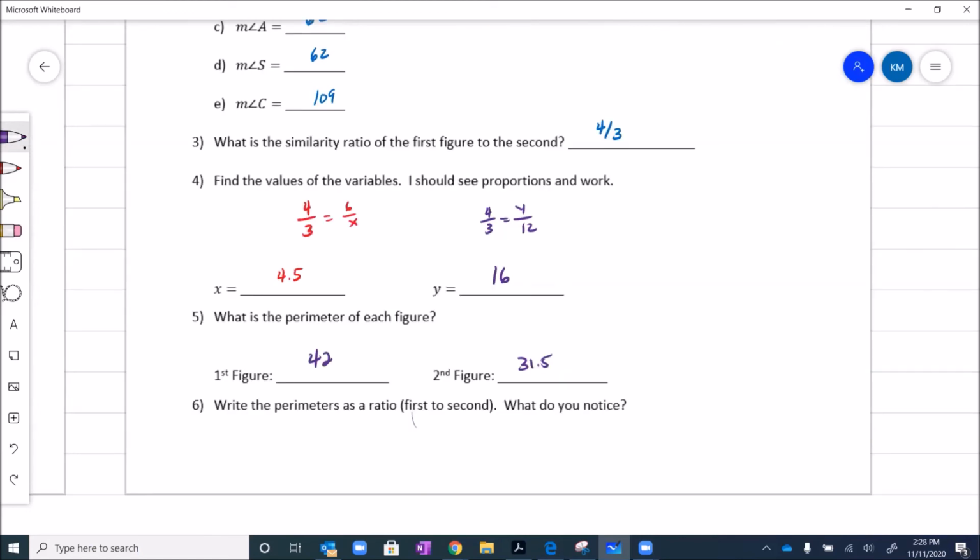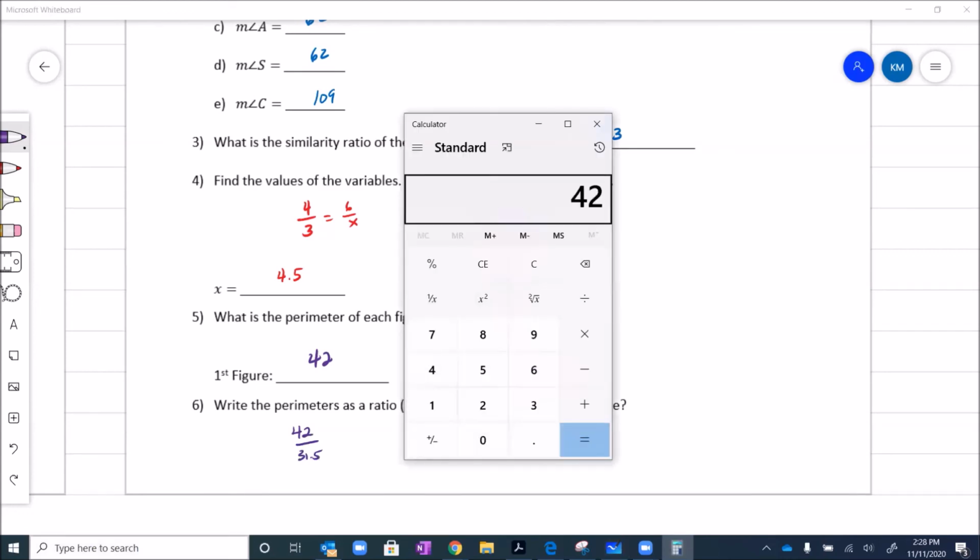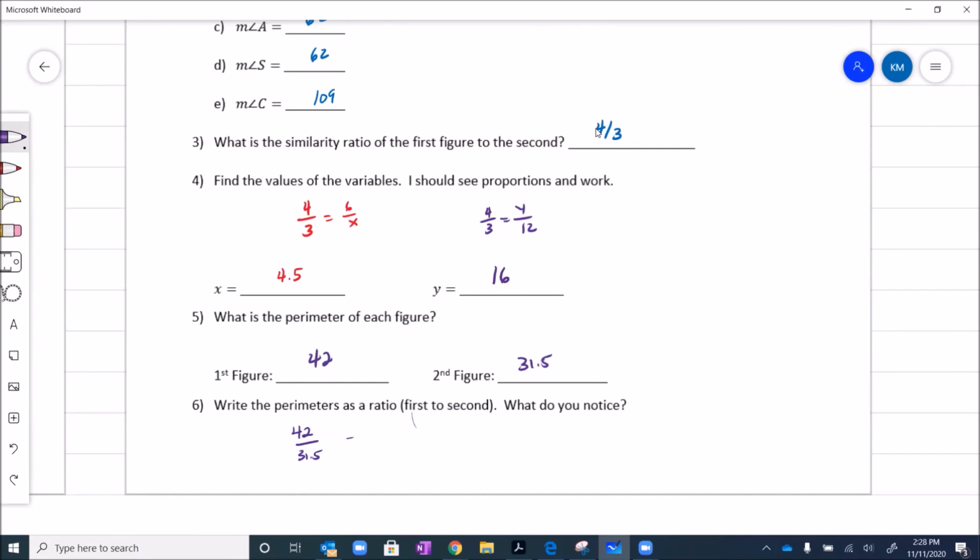Okay, so as we're here, we should look and notice that if we write the perimeters as a ratio, 42 to 31.5, and that might seem funky here, but 42 divided by 31.5 gives us 1.333333. And if you know anything about converting decimals to fractions, guess what?